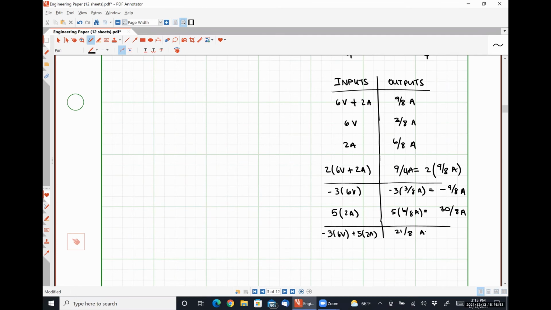If it is, then our system is linear. Okay. So if we have an 18-volt source with this polarity, sorry, this should be a 6 ohm resistor.